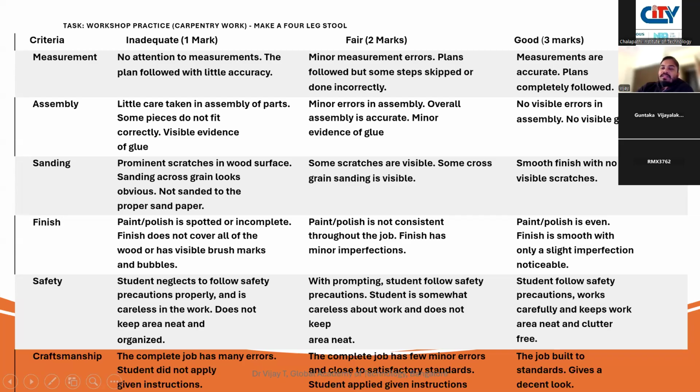No visible error in assembly, no visible glue. So during assembly, if this is there, then 3 marks. If there are minor errors, then 2 marks. If little care is taken, then it is 1 mark. So such kind of rubric has to be there for all your project, internship, seminars, where you are going to analyze, especially PO 7 to PO 11.